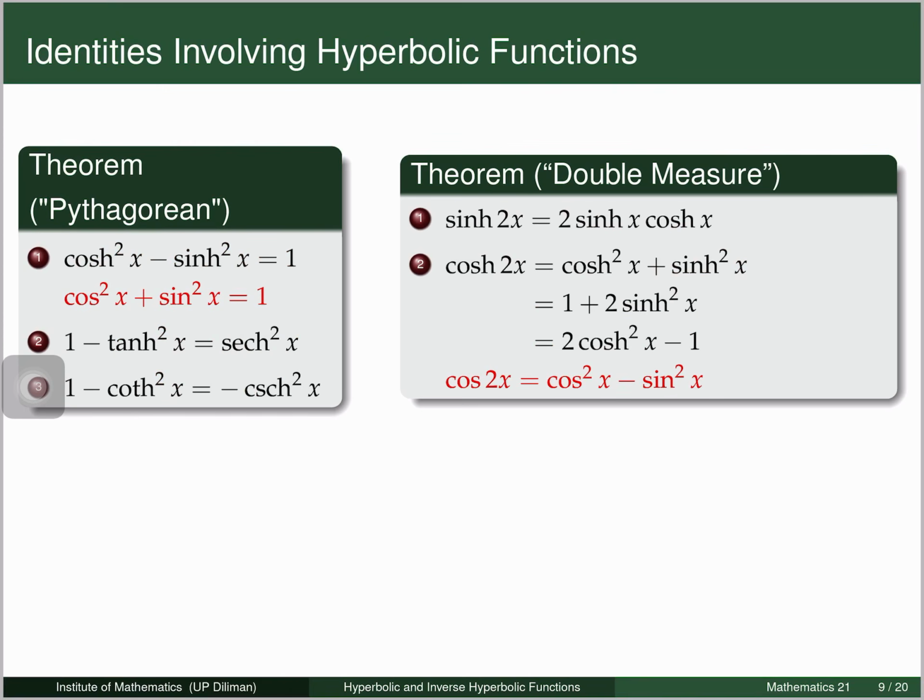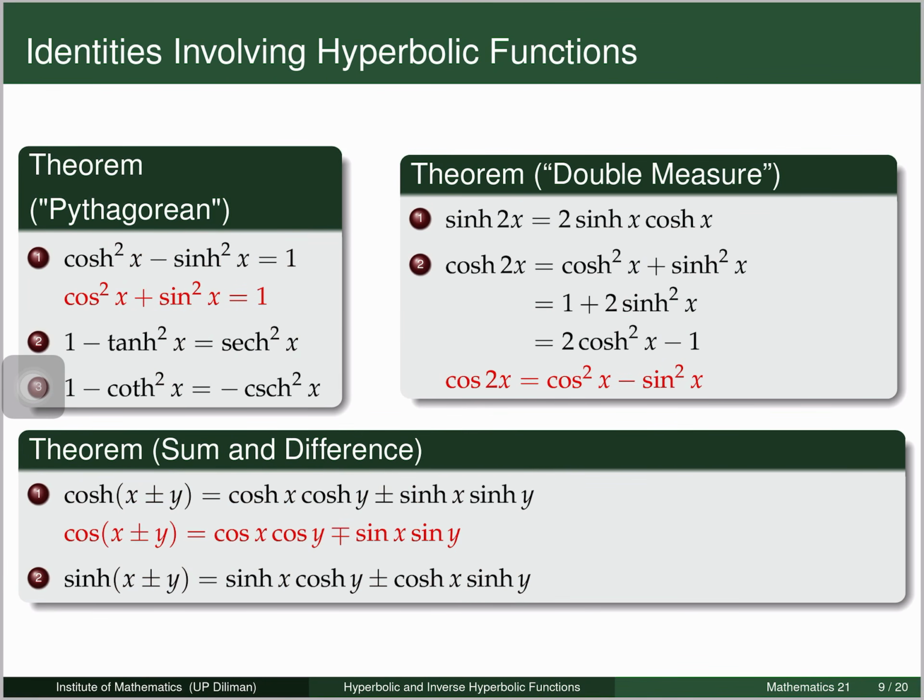And for cos 2x, so nakalagay in red, yung cosine 2x equal to cosine squared x minus sine squared x, hindi lang nilabas yung 2. So for cosh, ganun din, mag-iiba lang yung sign. And then, yung dalawa pang equality, pwede rin silang in place of cosh squared x plus sinh squared x. Kahit ano sa mga yan, pwede nyong gamitin.